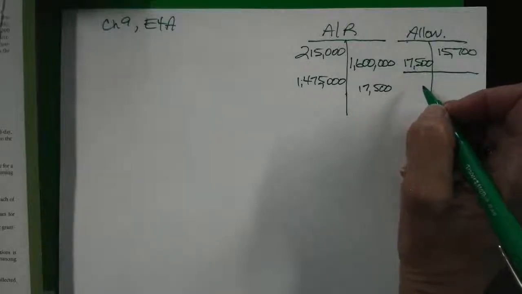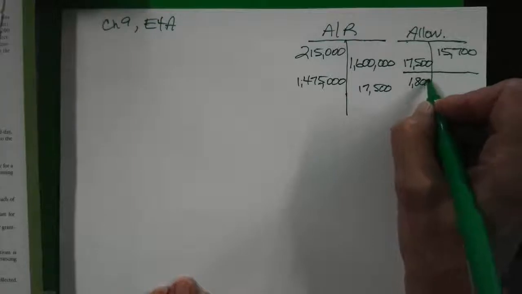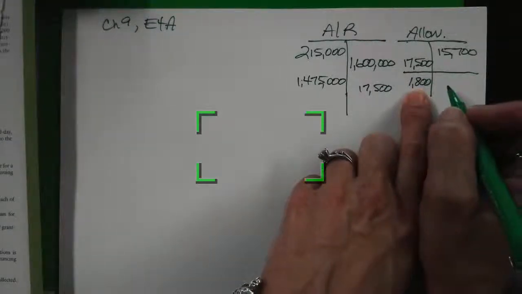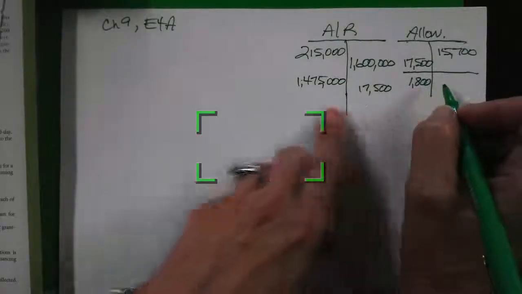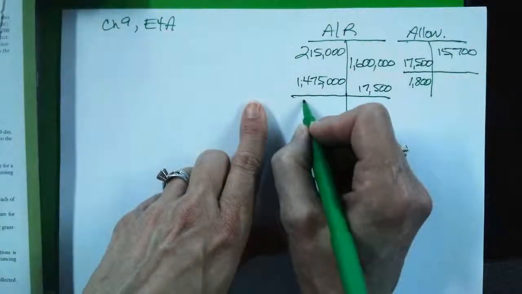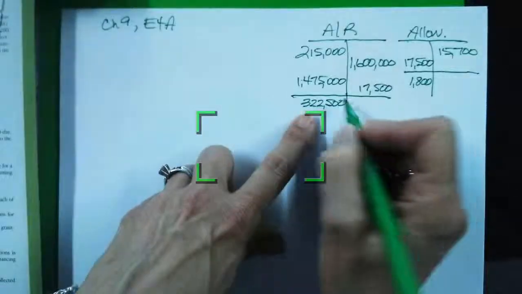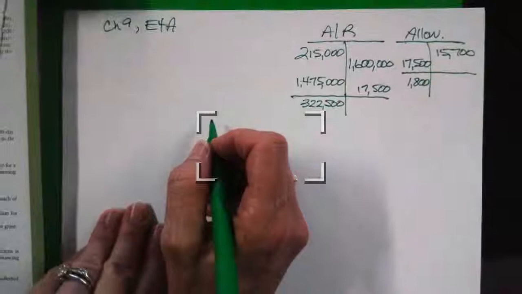Currently that means we've got an $1,800 debit balance in the allowance, and we've got $322.5 so far sitting in accounts receivable for a subtotal.